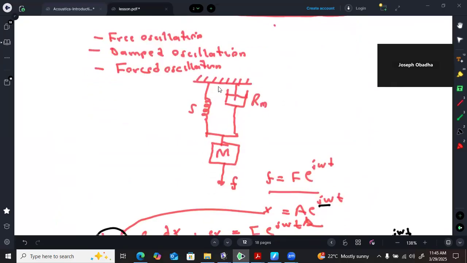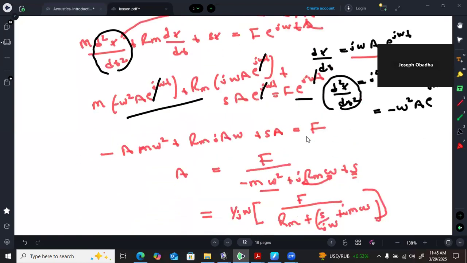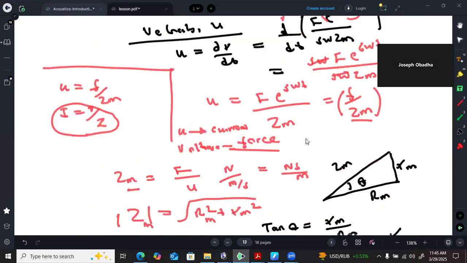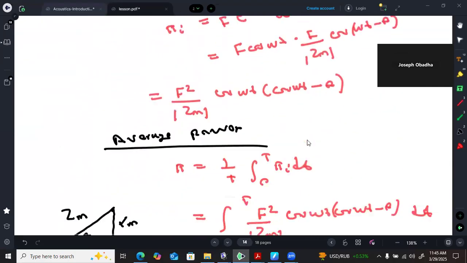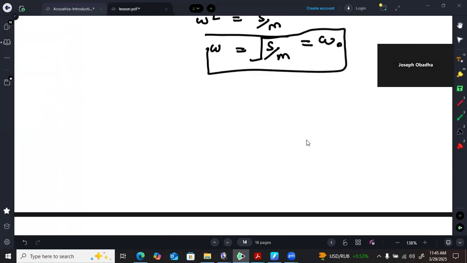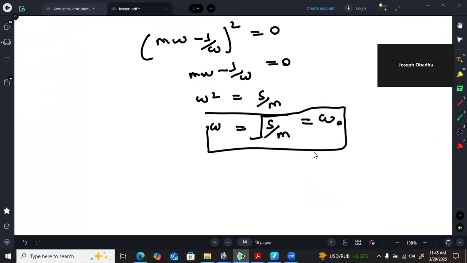It will be maximum if this force has a frequency which is equal to the natural frequency of oscillation of the system. And that's what we call the resonant frequency. The system we are considering is already having some natural frequency of oscillation, natural in the sense that if you don't apply any force, then what is the frequency of oscillation?